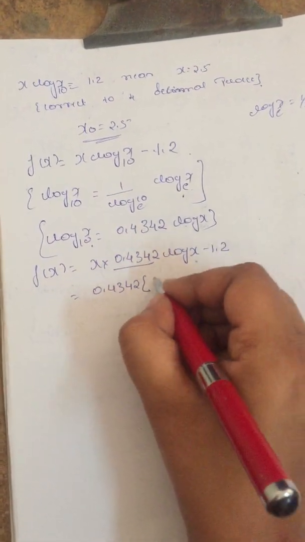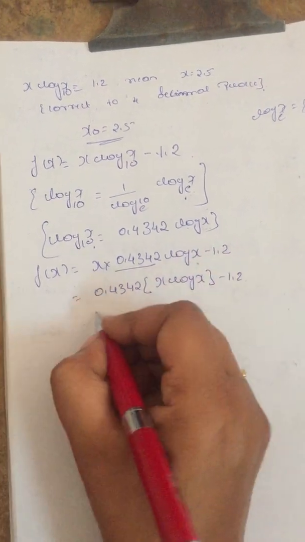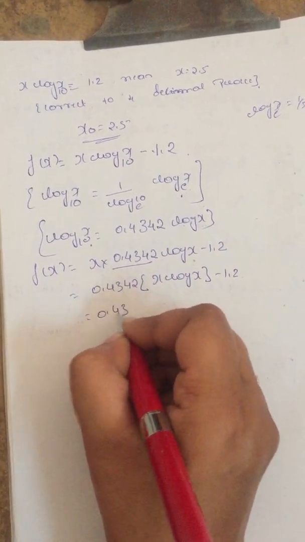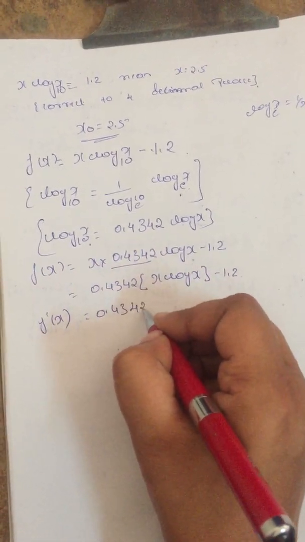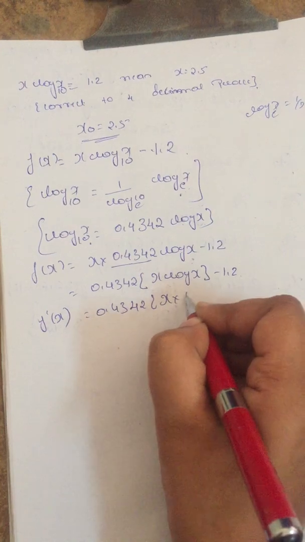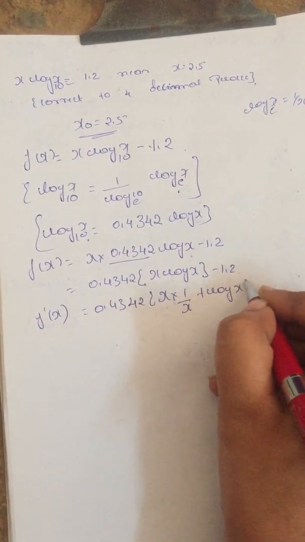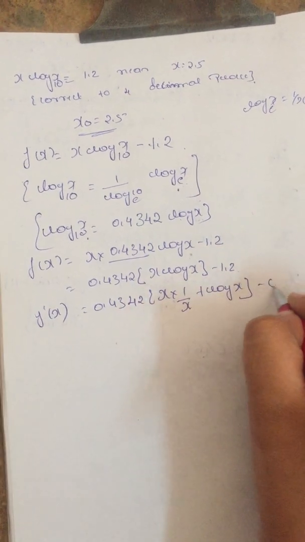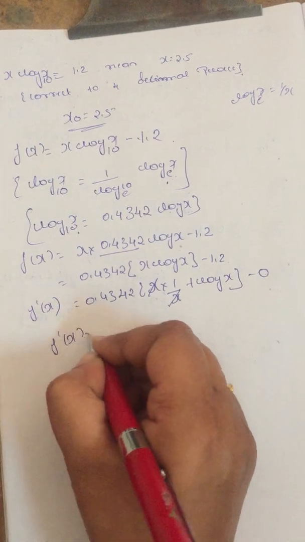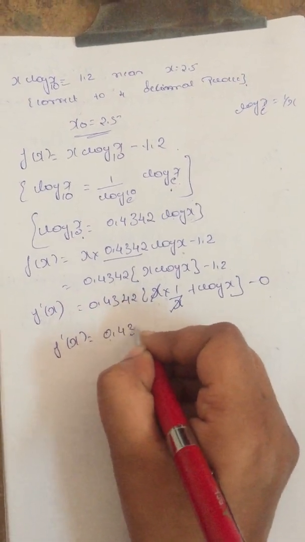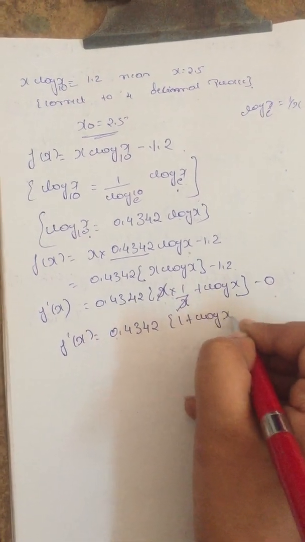Now differentiate. The derivative f dash of x is 0.4342 into x into the derivative of log x, which is 1 by x, plus log x into the derivative of x, which is 1, minus 1.2, whose derivative is 0. The x cancels, so f dash of x is 0.4342 into 1 plus log x.